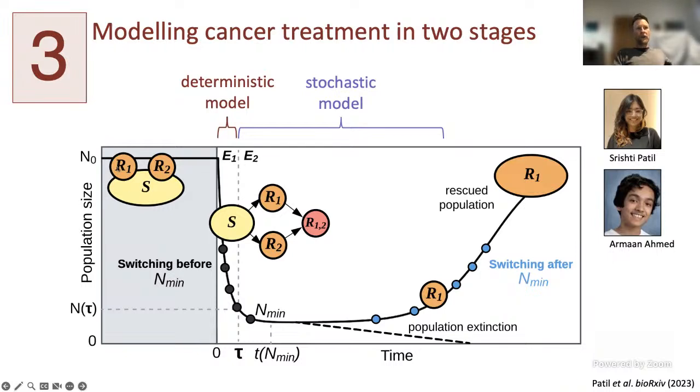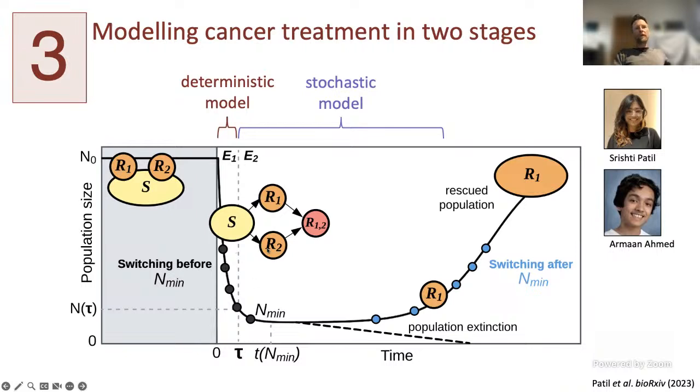So this is a heterogeneous tumor with three types of cells within it. At time 0, we apply treatment 1, which kills cells apart from the R1 cells. And during this time, because the susceptible cells are the majority, the tumor decreases in size down to N-min.